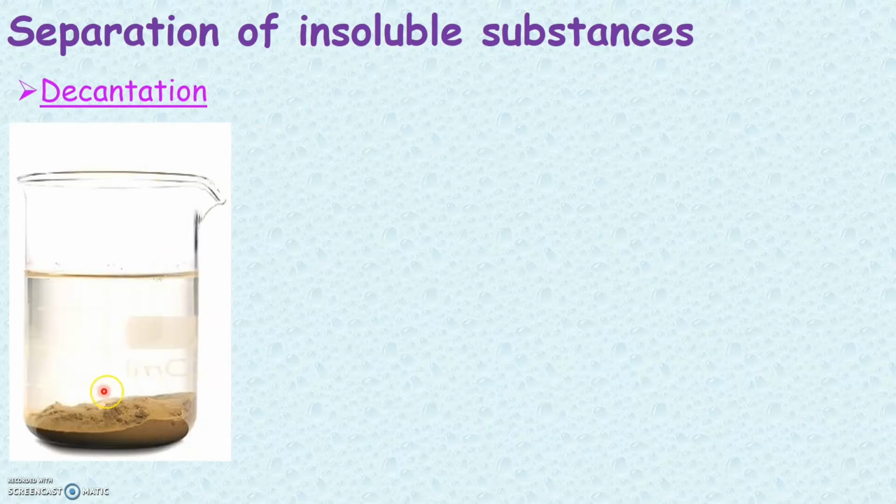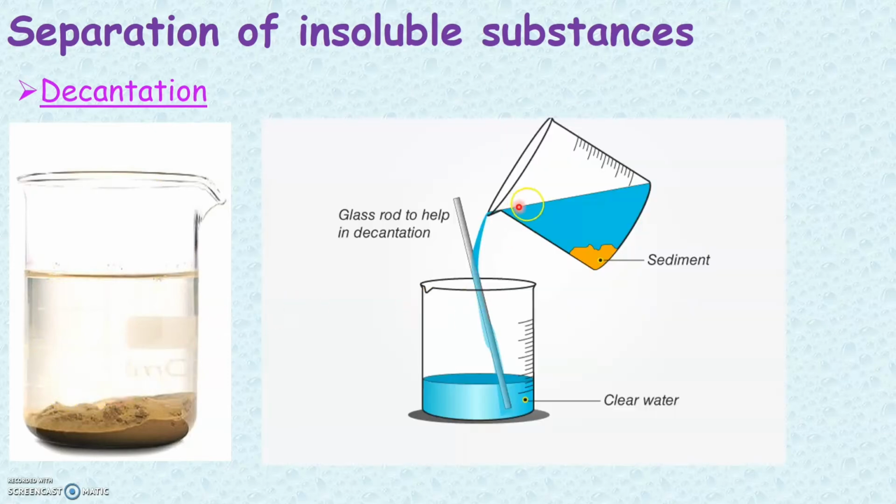Now after the process of sedimentation is completed, when we pour the clear water into another container with the help of a glass rod, like how you see here in the picture, without disturbing the sediment, this process is known as decantation.